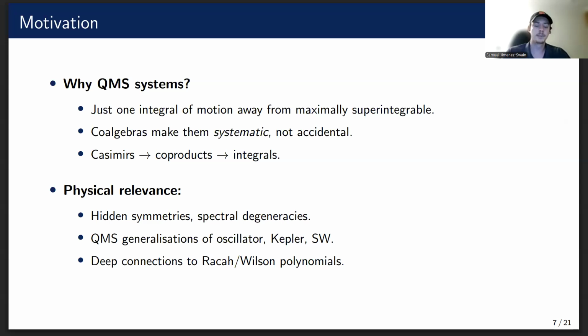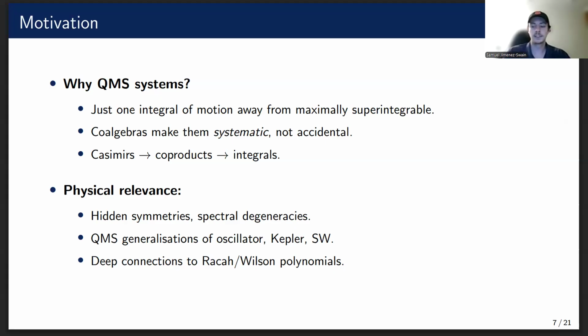And the coalgebras give us such a nice and easy approach to uncovering these systems that we don't have to go looking on a case-by-case basis. These integrals then can also explain spectral degeneracies and hidden symmetries of well-known models, and they can naturally connect to things like Racah and Wilson polynomials in special function theory.